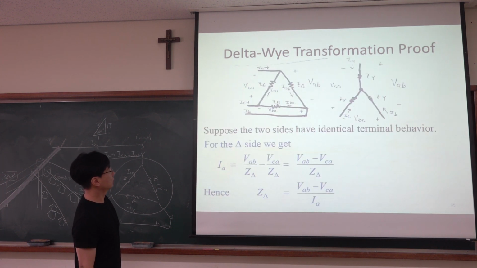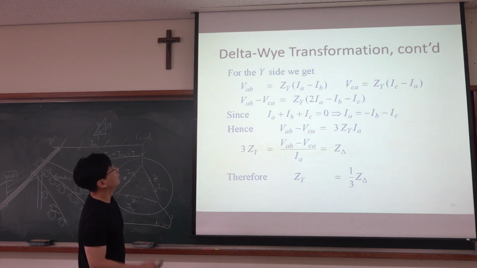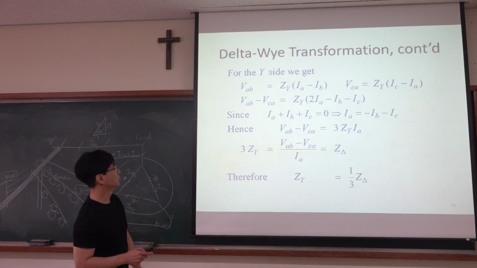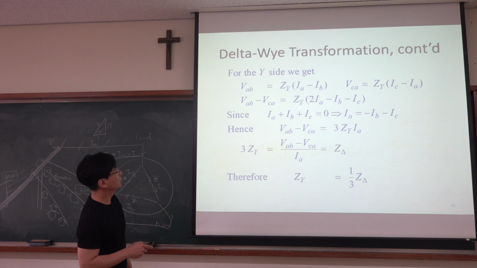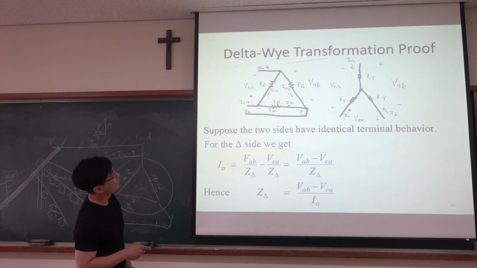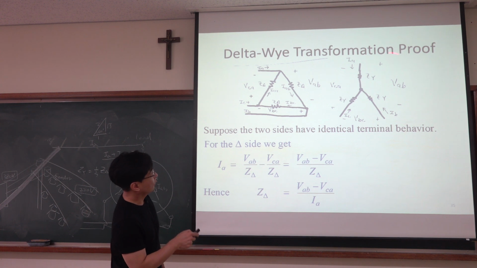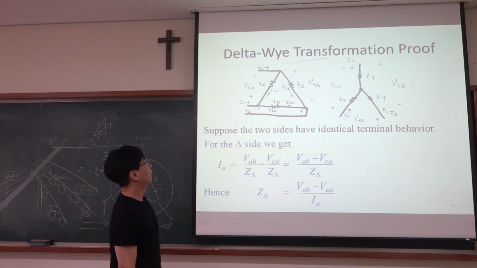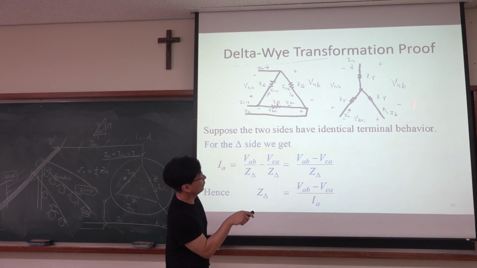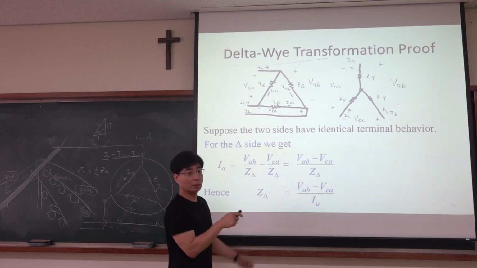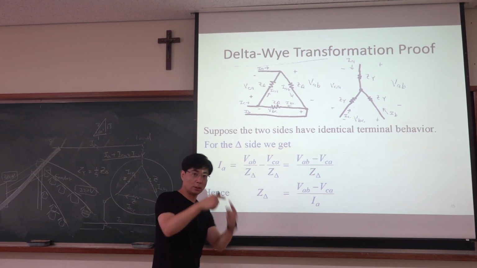For the Y side, we get VAB is Z_Y times that. Please focus on the direction of IA, IB, IC.